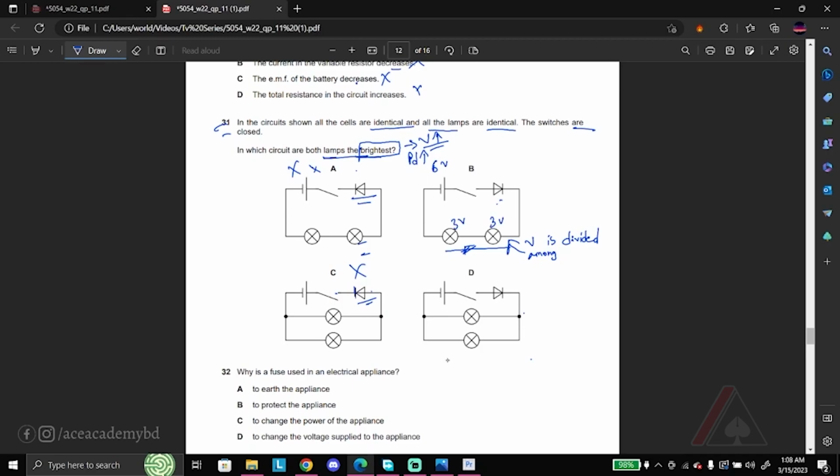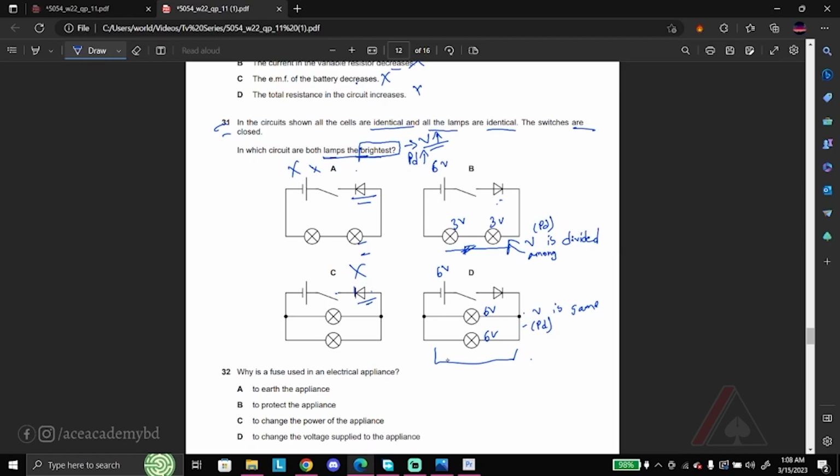Let's consider option D here. This is a parallel connection, so the V is the same, or the PD, the potential difference, is the same. So if this was 6 volts, then the PD across these two lamps would also be 6 volts.